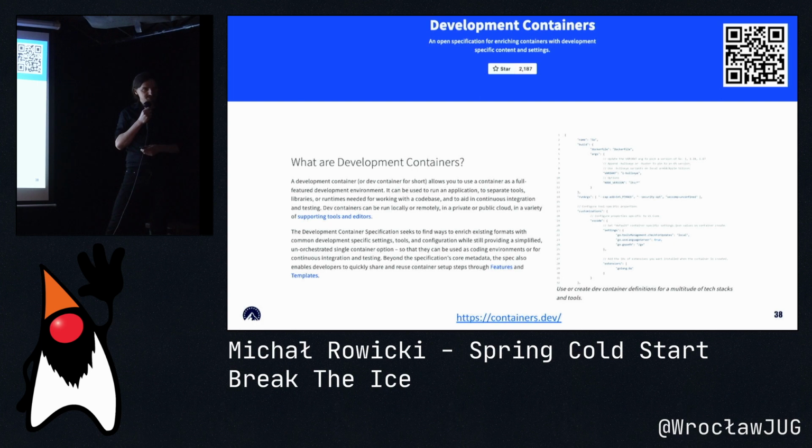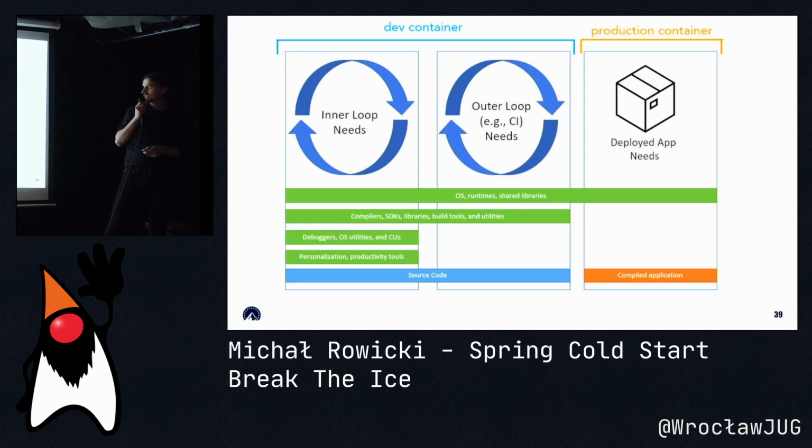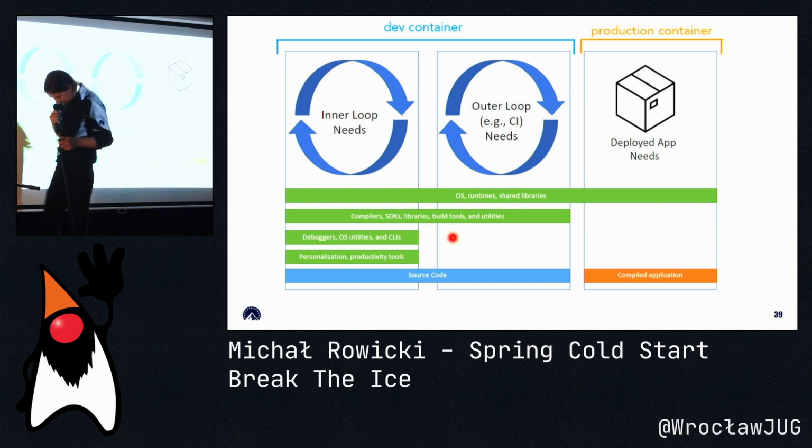And all of these topics, which we covered lastly, are very close to dev containers. This is a tool made by Microsoft, which aims to run our application on the very same operating system, with the very same runtimes and shared libraries, from the very beginning. So we should start the IDE locally in some container, like Linux, even if we are using macOS or Windows, to have the very same system, to tackle issues early, not in production.